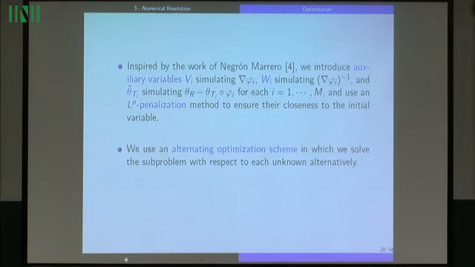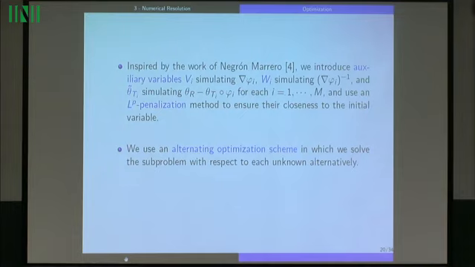Well, inspired by the work of Negron-Marrero, we propose to introduce auxiliary variables Vi simulating the Jacobian of phi I, so that the nonlinearity is moved to this new variable. Wi will simulate the inverse Jacobian, and theta tilde Ti will simulate theta r minus theta Ti composed with phi I. And then we use an Lp penalization method to ensure their closeness to the initial variable.